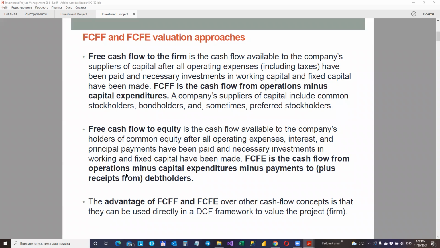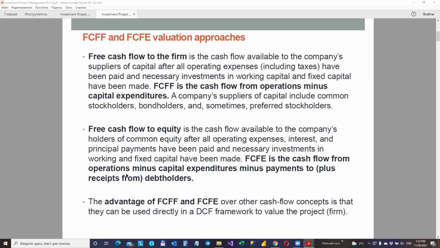The way in which free cash flow is related to the company's net income, cash flow from operations, and measures such as EBITDA, earnings before interest, taxes, depreciation, and amortization, is important. The analyst must understand the relationship between a company's reported accounting data and free cash flow in order to forecast free cash flow and its expected growth.